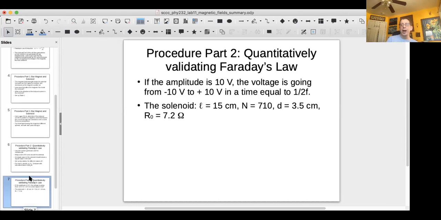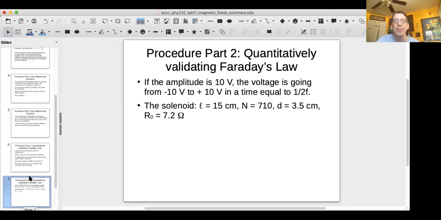And the period is just the inverse of the frequency. So if the frequency is 250 hertz, the period is 1 divided by 250, or 0.004 seconds. And so it's going to go from -10 to +10 in 0.002 seconds.